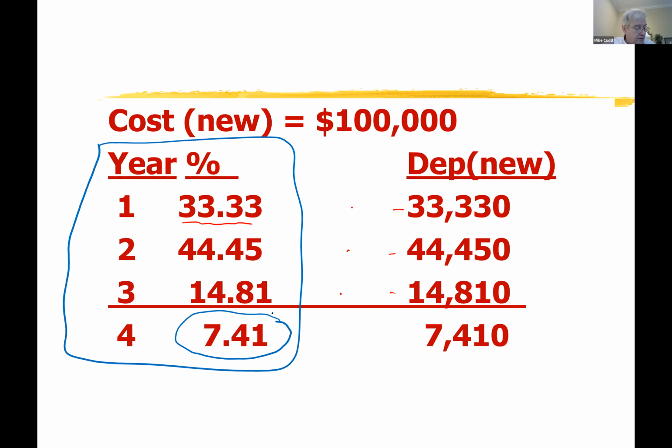So for the Wind Corporation problem, since they're shutting down the project at the end of year 3, we'll use this to get the book value of the equipment at that time. After 3 years, this much will be untaken.